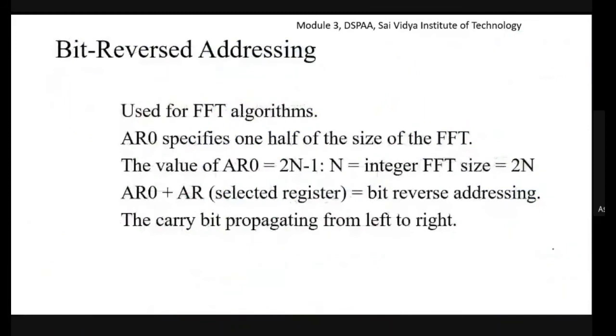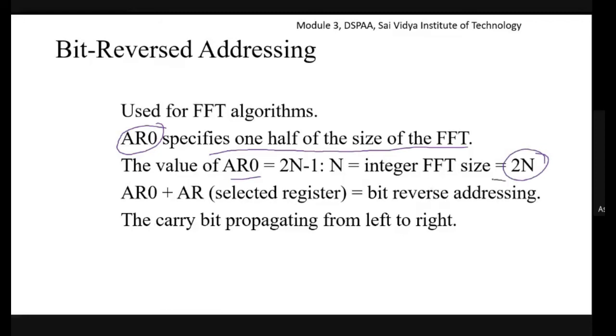The next one we have is bit reversed addressing, used for the FFT algorithm, the fast Fourier transform algorithm. AR0 specifies half of the size of the fast Fourier transform. The index register AR0 stores half of the FFT size. The value of AR0 is 2 to the power n minus 1, where n is an integer and the FFT size is given by 2 to the power n.